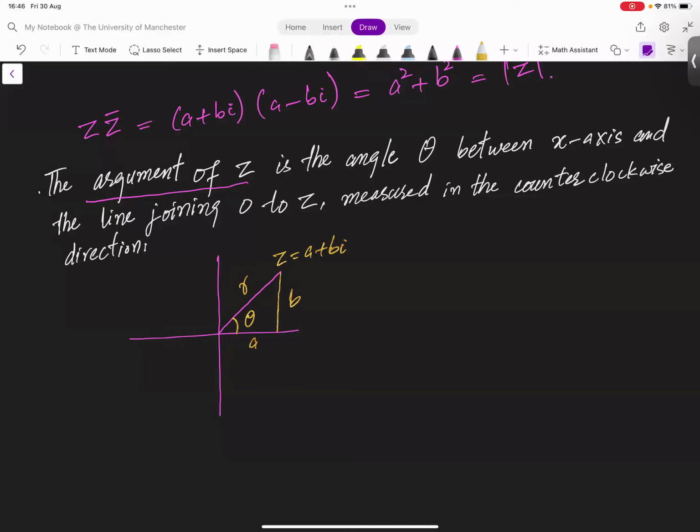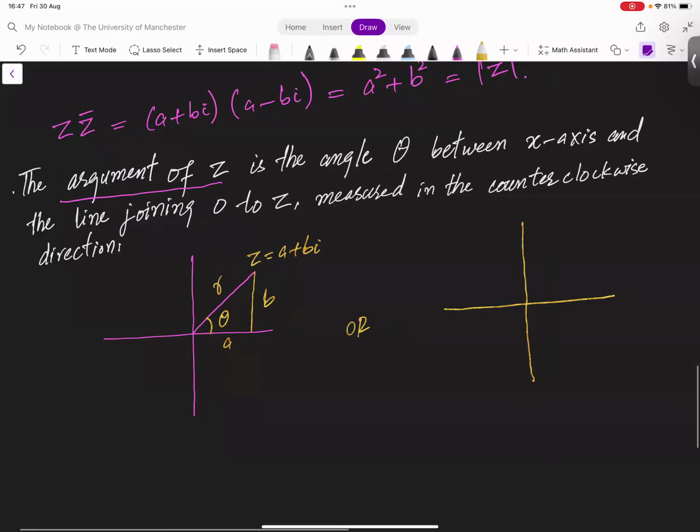Or we can do that as follows. That we have this line down here. We call it z.